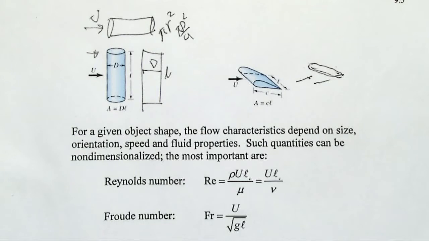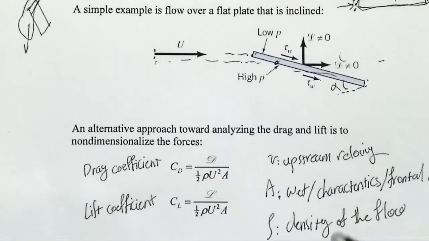So you will get a non-dimensionalized number in that Reynolds number, instead of having the absolute drag and lift. The coefficients are by themselves non-dimensional numbers that help you find out the lift and drag. But Reynolds also brings some combination of these terms inside it that can also be helpful.